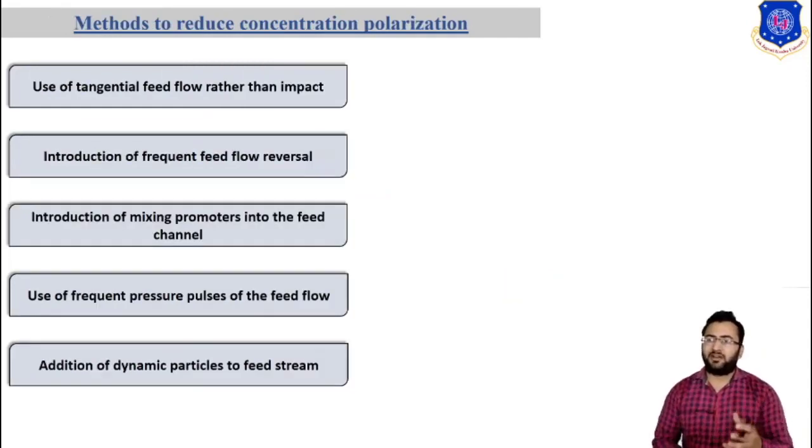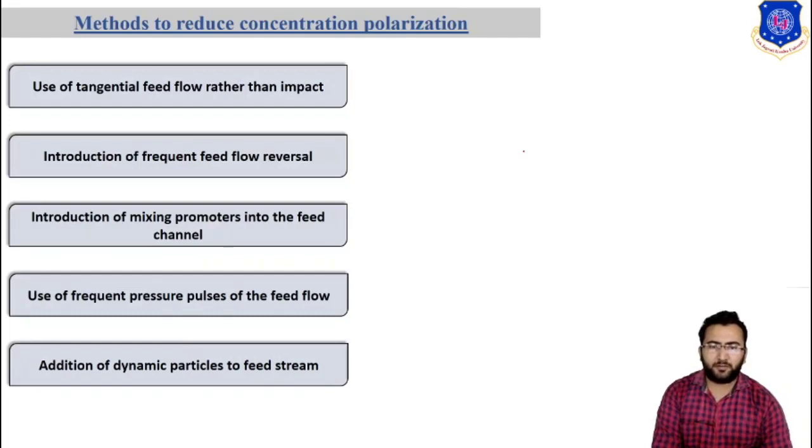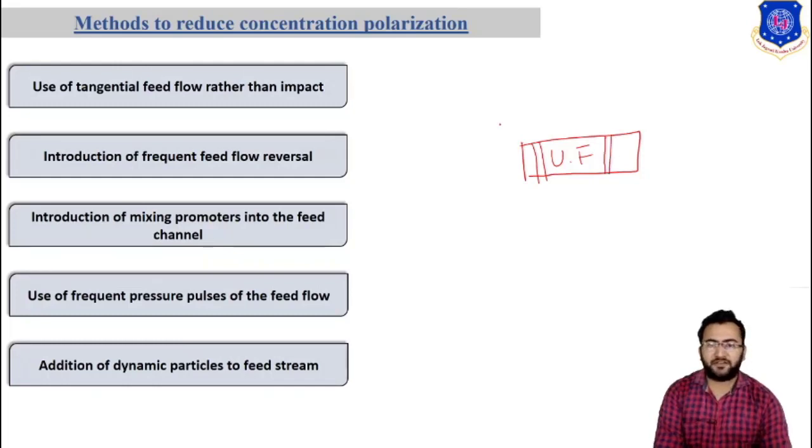Now let's discuss various methods to reduce concentration polarization. So let's first understand the meaning of concentration polarization. Let's first consider this is an ultrafiltration membrane. These are the pores of the ultrafiltration membrane. Let's suppose these two pores. Now, if we pass the feed from the feed side to the ultrafiltration membrane, the feed contains various solutes.